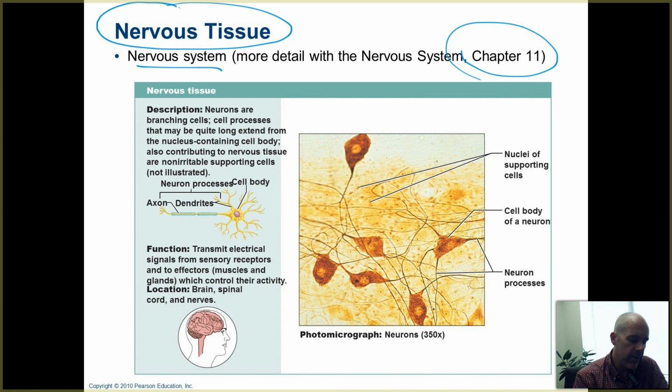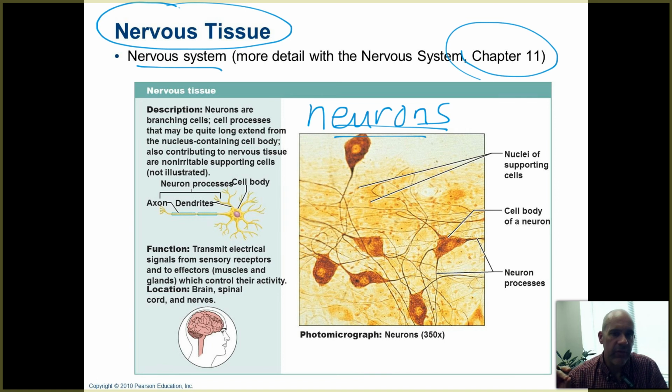Main cell type of nervous tissue, those are called neurons. And neurons are involved in the chemical, electrical signaling, where you send messages from the outlying parts of the body to the brain, and from the brain to all the various parts of the body.